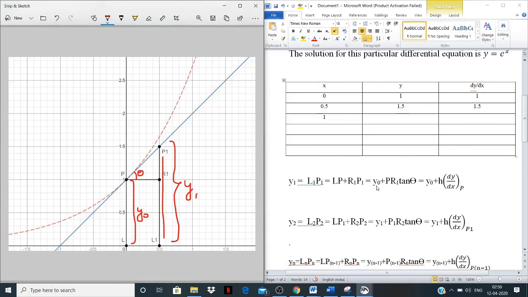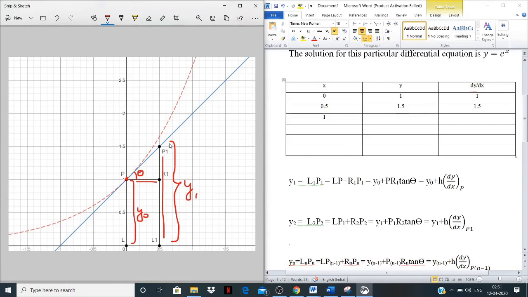So we can write it as y0 plus R1P1. Now R1P1 is equal to PR1 tan theta. We can write PR1 as h, since we are considering the difference in the interval as h, that is 0.5, and tan theta is dy by dx at point P, that is the slope of the tangent line at point P. Using this formula we can find the length of y1.